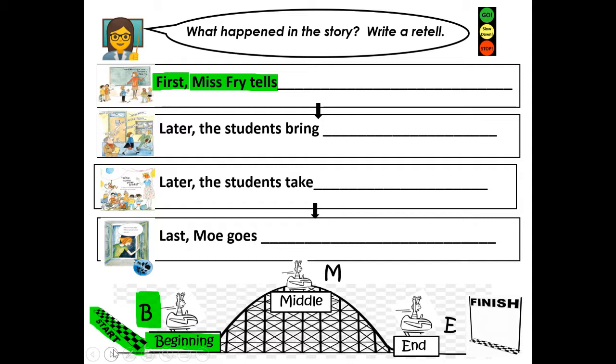Tell me what Miss Fry tells. You could say first, Miss Fry tells the class that Mondays are sharing days. So push pause and write this sentence frame and complete it. When you're finished with the green sentence, push play and we'll move on to our yellow or middle sentences.